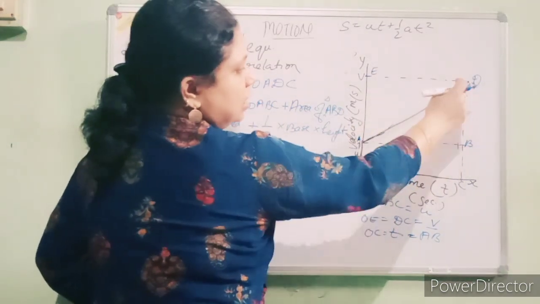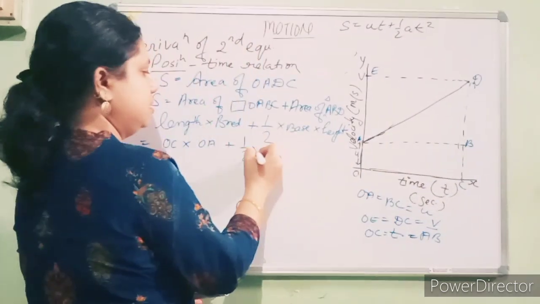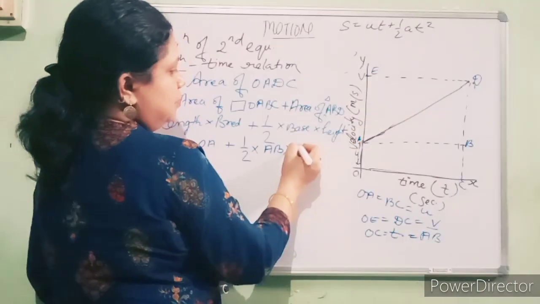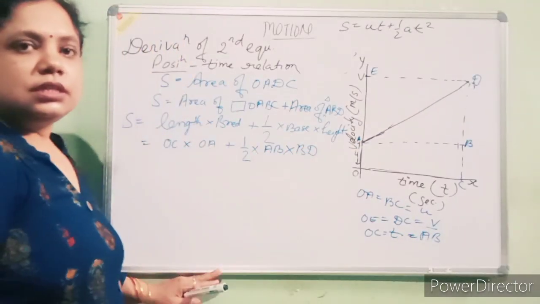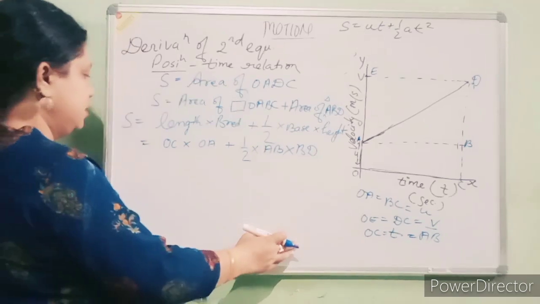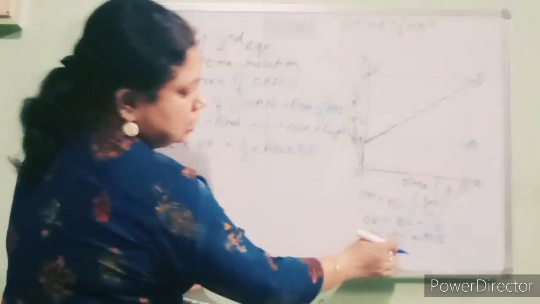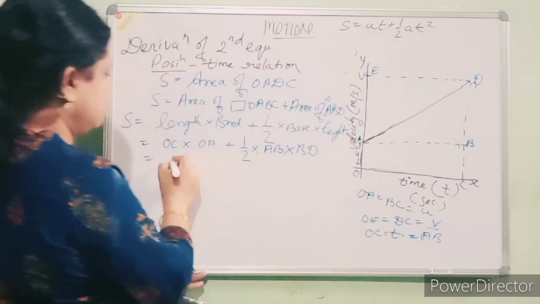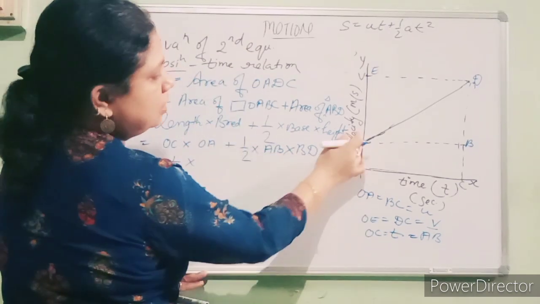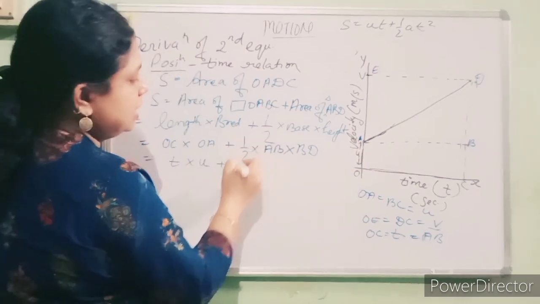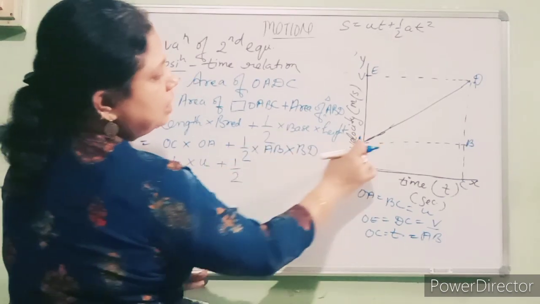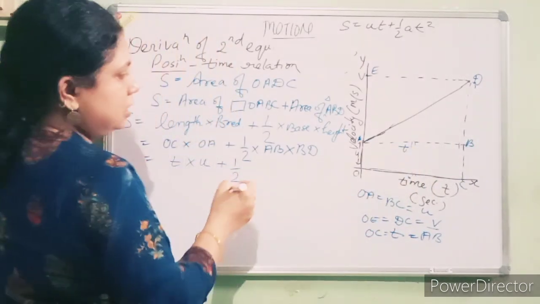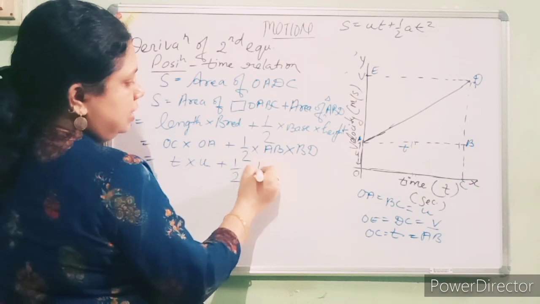So we can write OC into breadth OA plus half base into height. What is the base of the triangle? That is AB into height, which is BD. Is it clear, students? Now we put the values here. OC, which is T, into OA, which is U, plus half AB, which is also T, into BD.